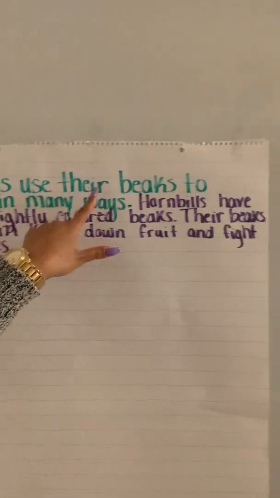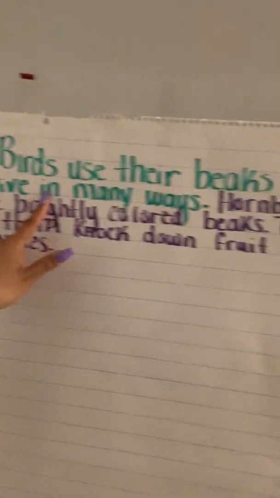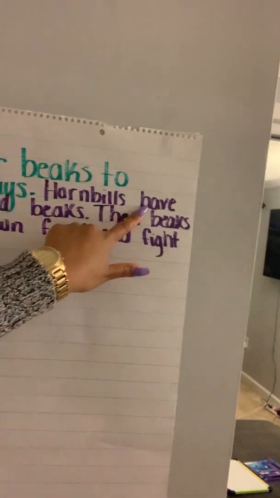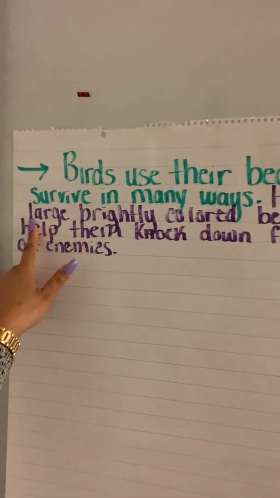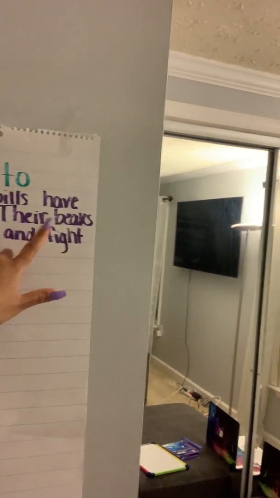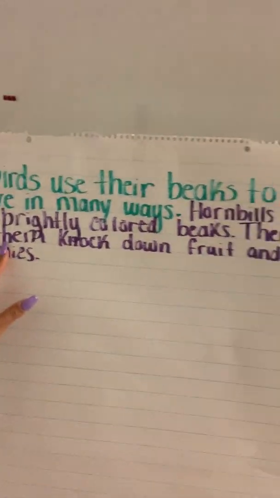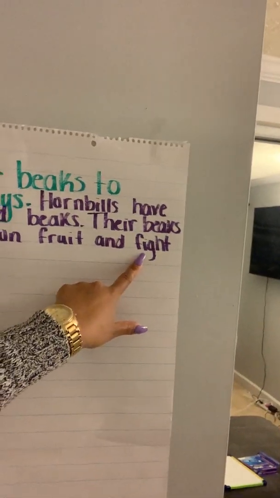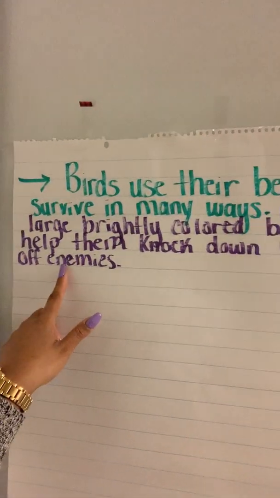Birds use their beaks to survive in many ways. Hornbills have large, brightly colored beaks. Their beaks help them knock down fruit and fight off enemies.